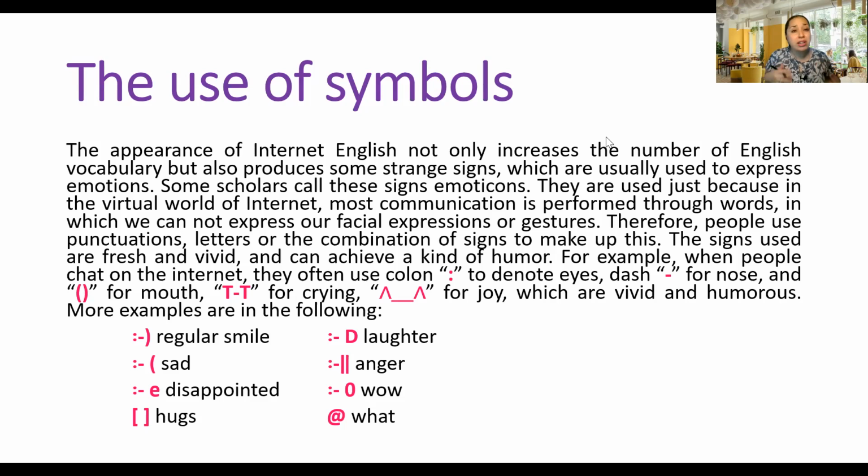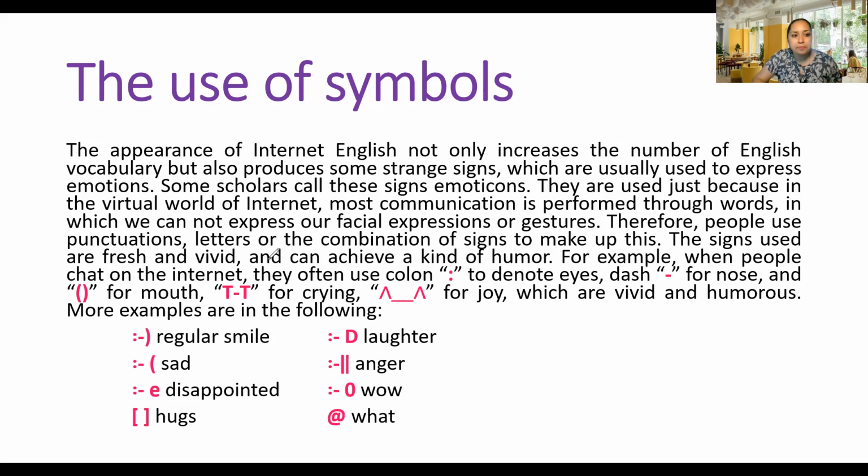Right now you have emoticons, which are part of what we're going to talk about. But back in the day, at the end of the 90s, like 98, 99, 2000, it was a way to show your feelings just using some signs.